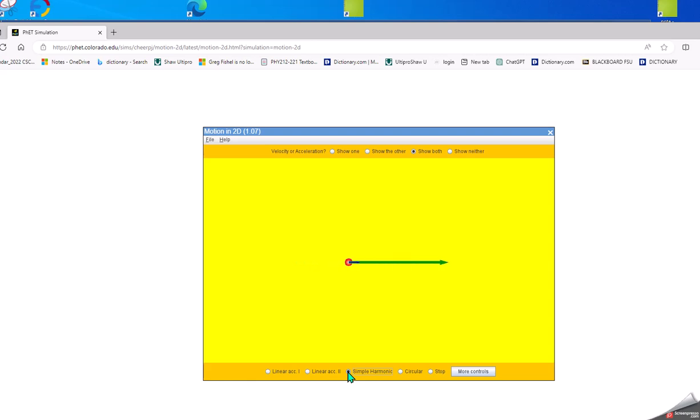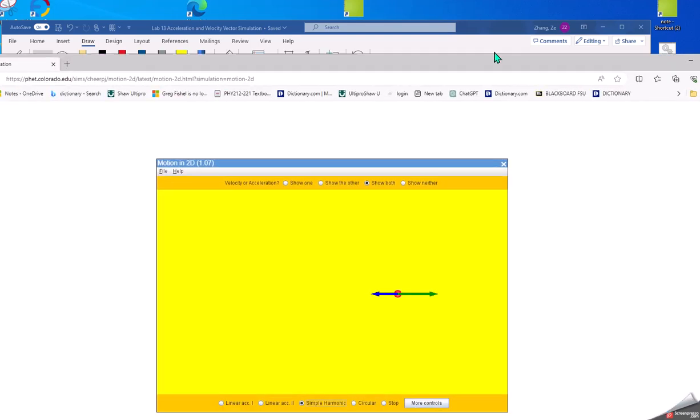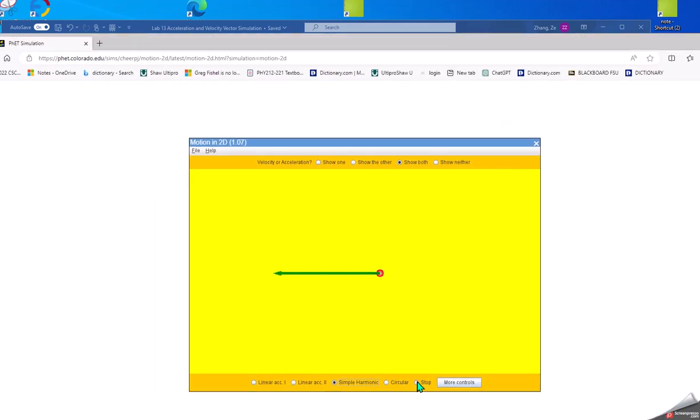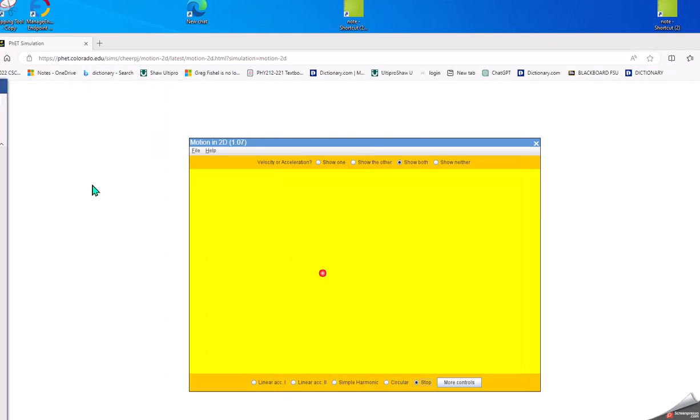Now answer this question: observe the acceleration vector and hit stop, and think a moment. At which moment is the velocity 0 and there is still acceleration? Let's do it again.